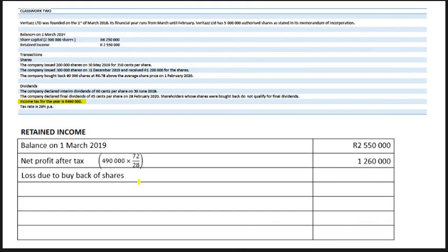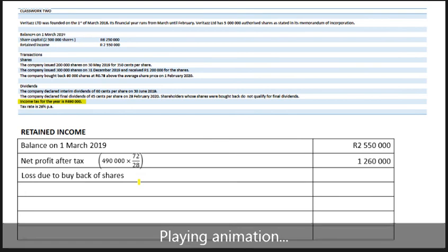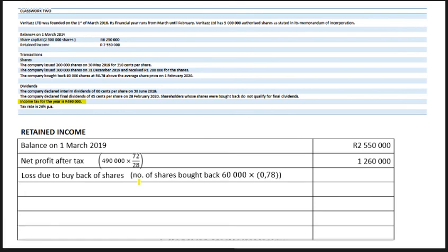So whenever we buy back shares at a price higher than the average price, it means we made a loss. And what is the difference between the buyback price and the average price? It is that 0.78. Hence, you will simply take the 60,000 and multiply it by 0.78. It will give you 46,800, but you put it in brackets because it is a loss.